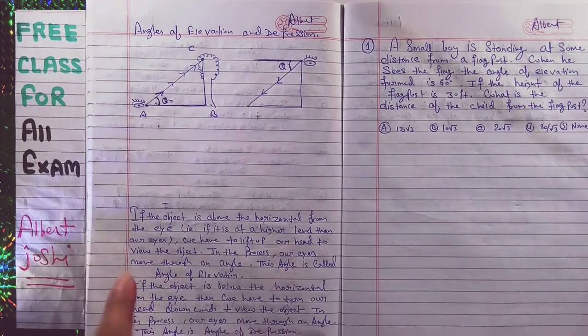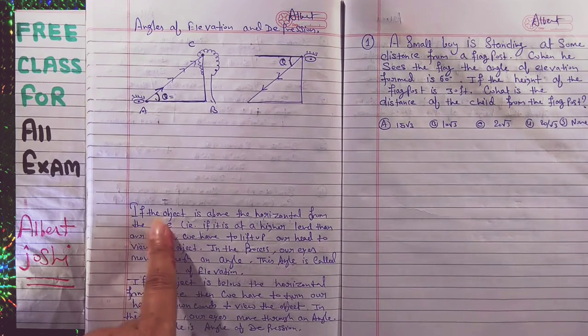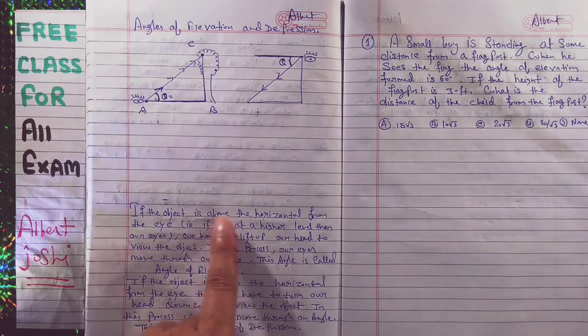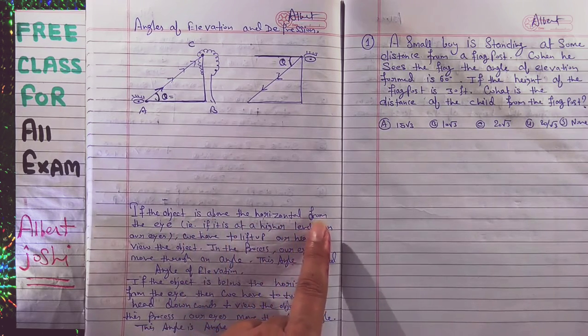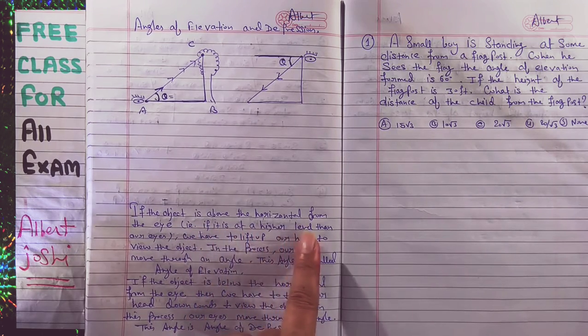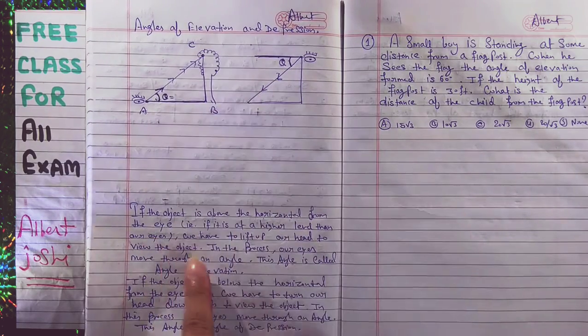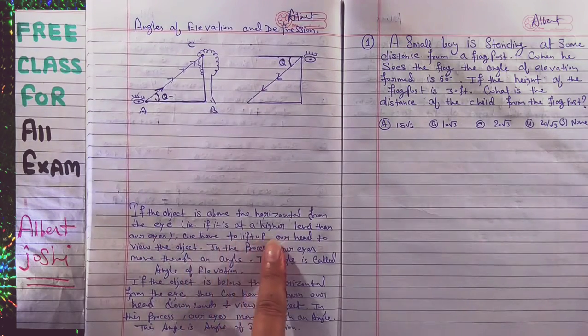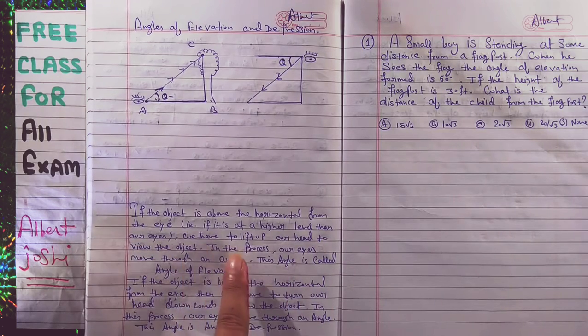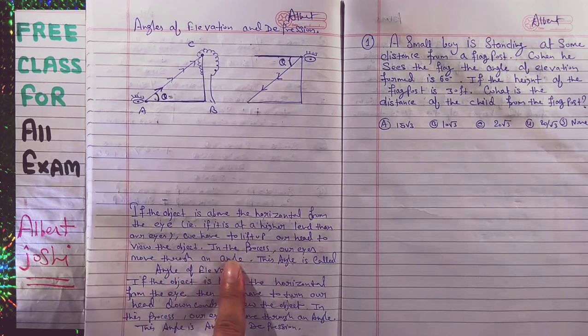So what is the meaning of this θ in these different conditions? In the first condition, if the object is above the horizontal from the eye, that is, at a higher level than our eyes, we have to lift up our head to view the object. In the process, our eyes move through an angle.